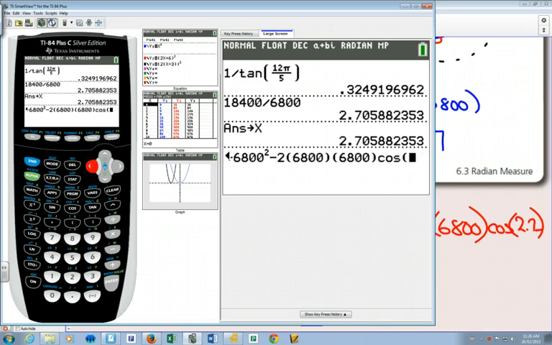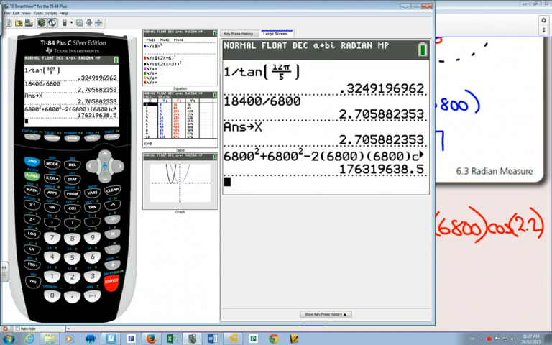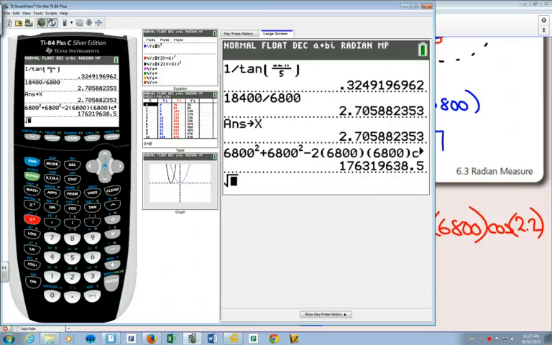Another thing that's also helpful is you can go second answer. This only works if the answer that you just found out the time before is the one that you want. If we do all of this, it figures out it's a very large number, and that's what's equal to x squared. So now I want to square root that answer.